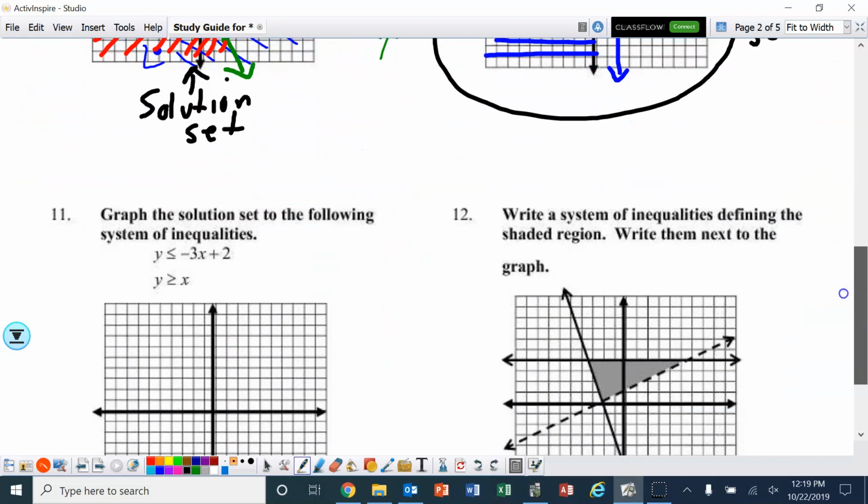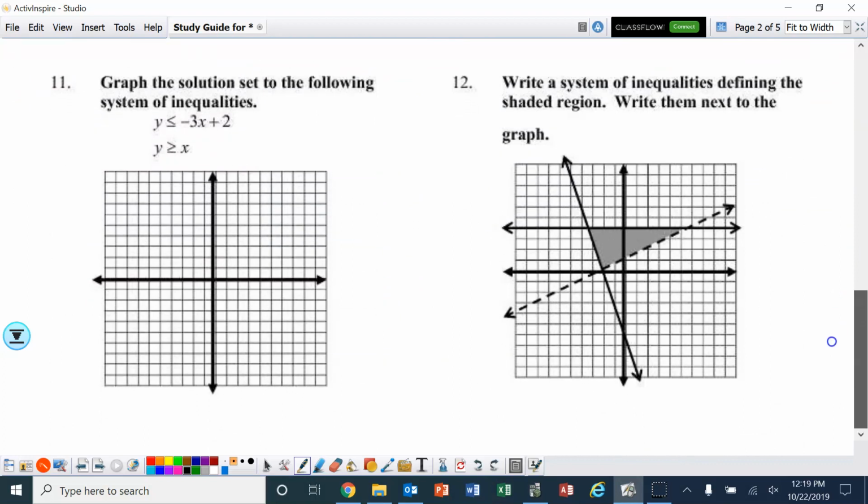Number 11. All right, they are both already in slope-intercept form. So we just need to go based on the y-intercept and the slope. So let's switch colors. Let's do this one in purple. All right. So the y-intercept is 2.